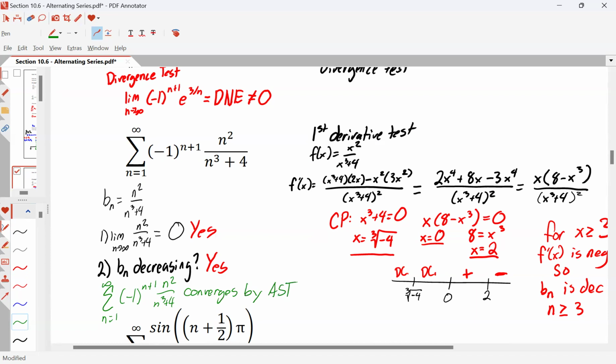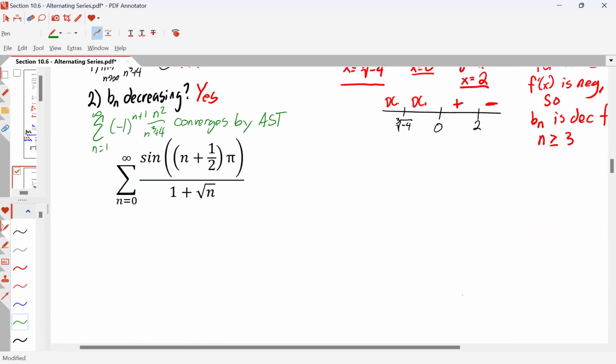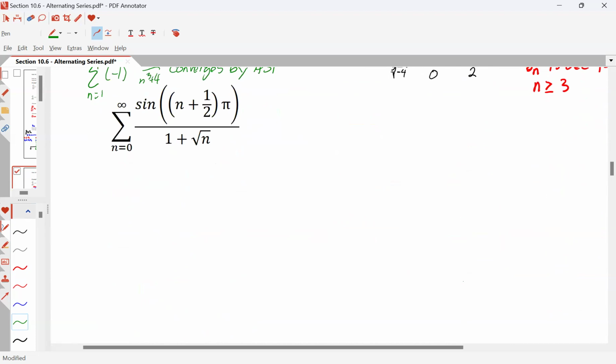Let's take a look really quickly at one more example. And that is this example of the series n equals 0 to infinity of sine of (n plus 1/2) pi all over 1 plus the square root of n. This is another situation where we don't have a negative, but sine can be negative.